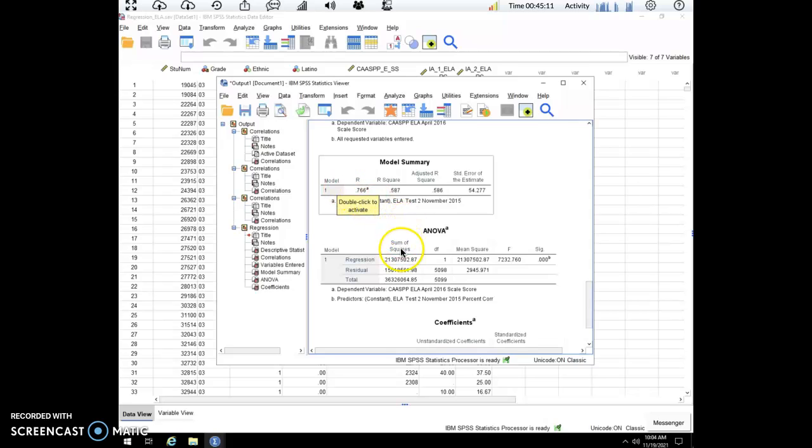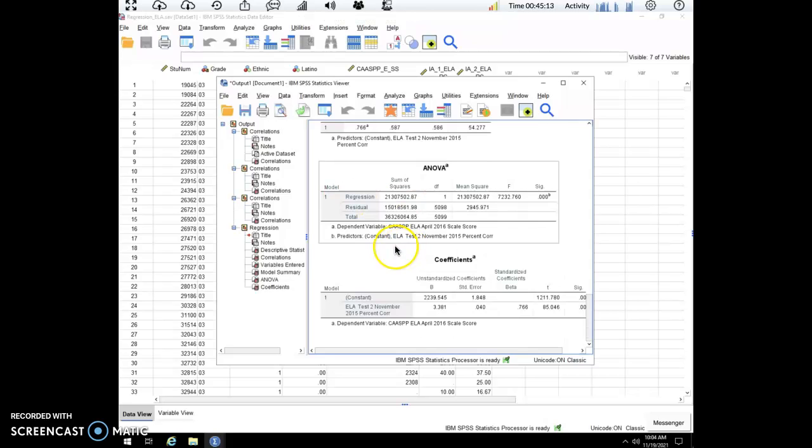Question 2.5 asks you to calculate the slope, or B, by hand. So you can do that, and you can also check your answer, which is listed here. The next question asks you to write your regression formula.